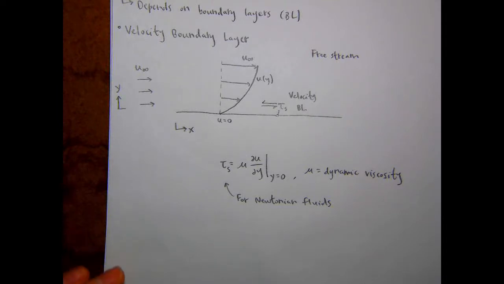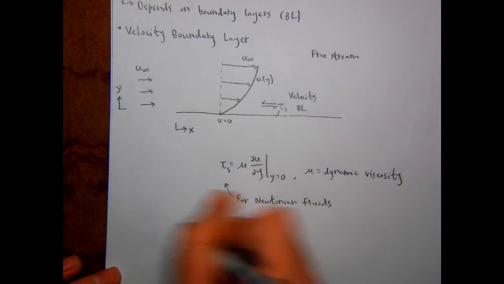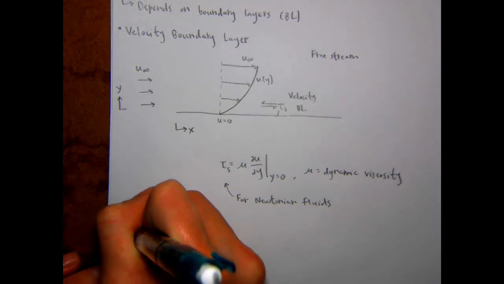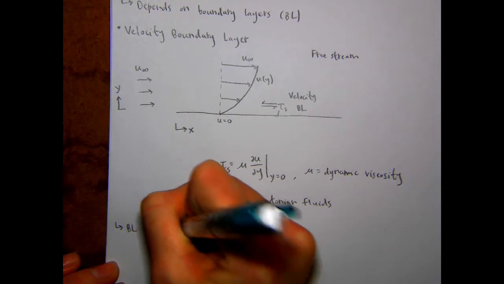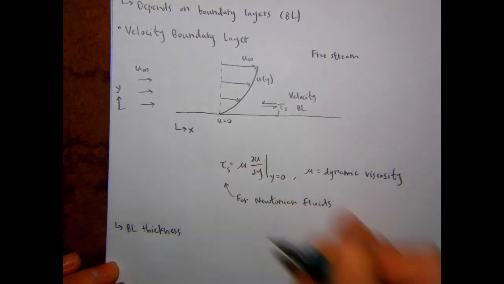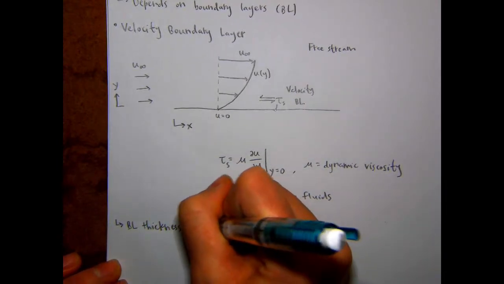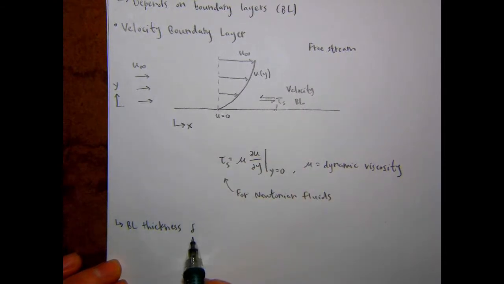Okay, so we need some kind of quantitative way to say whether or not we're in the boundary layer. And we do that by defining a boundary layer thickness, which we term small delta, or del.